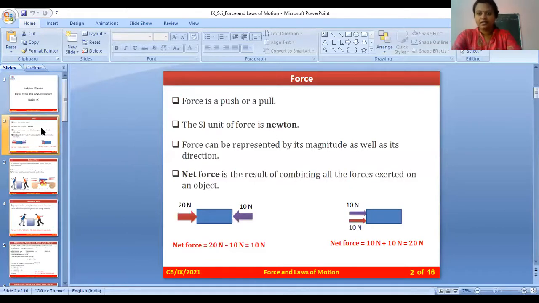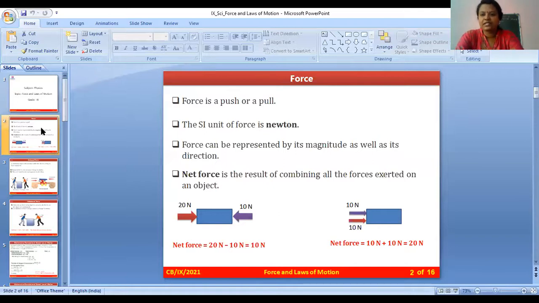Here, this is the definition of force. That is, force is called a push or pull action exerted on an object. The SI unit of force is Newton. Force can be represented by magnitude as well as by direction, so it is called a vector quantity.